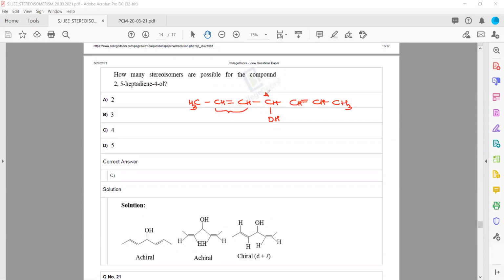This one will become a chiral center, and this is also a geometric center. So how will it be chiral? Yes, the groups are same. Sorry, there is symmetry. Symmetry. So the answer will be directly two stereo centers.